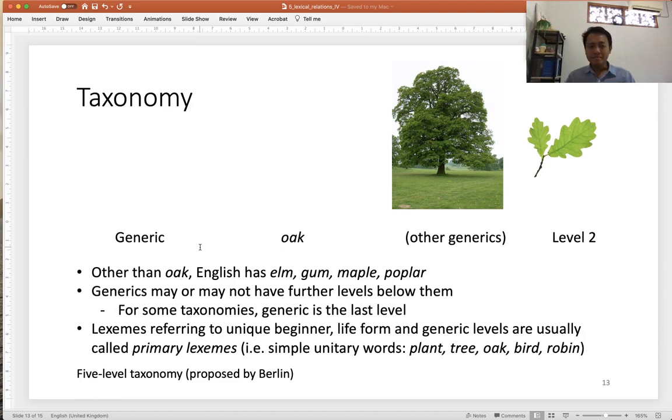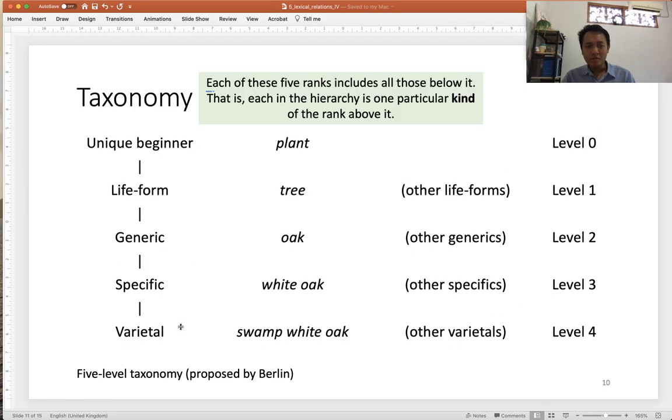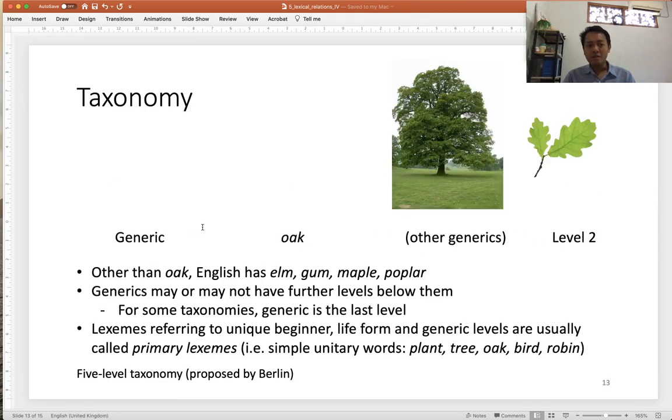A lexeme that refers to the unique beginner, life form, and generic levels, the words that refer to these first 3 levels, are called primary lexemes. Just one word, such as plant, tree, oak, bird, and robin.